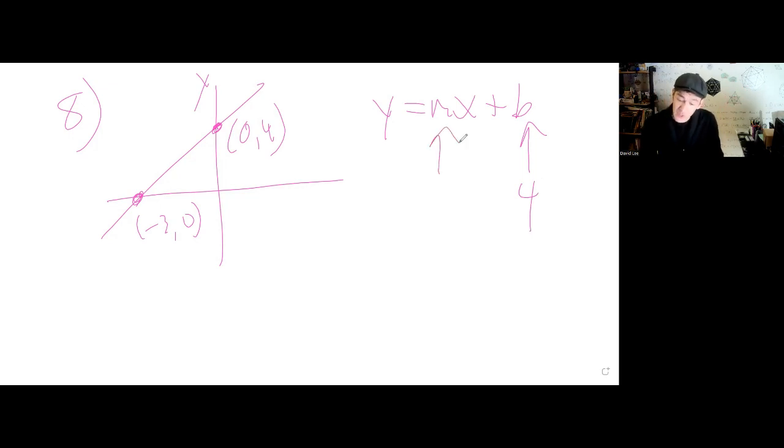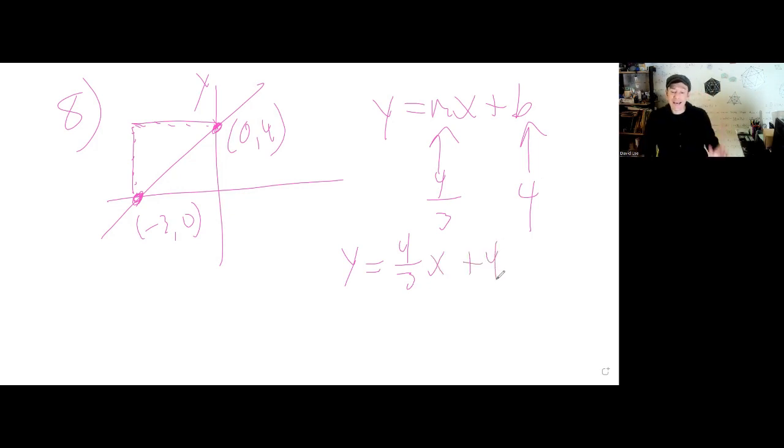And you know m is the slope, rise over run. Well, from this dot to this dot, how much do you rise and how much do you run? You have to rise 4 and run 3. So we have 4/3. So y equals 4/3 x plus 4. This is the equation of that line. The goal is to write this in polar.